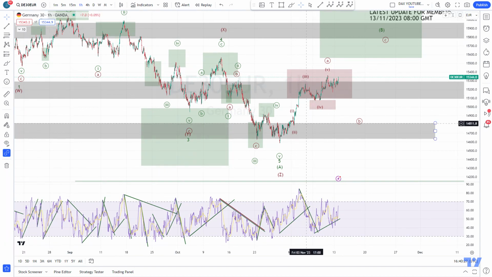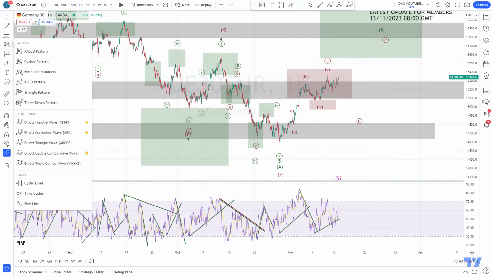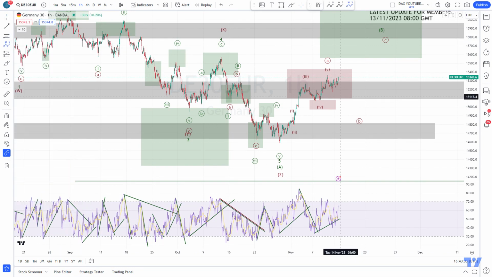It could be that we are doing the wave B as a WXY structure, and this would actually be my favorite scenario, my primary scenario, that we are doing this year.